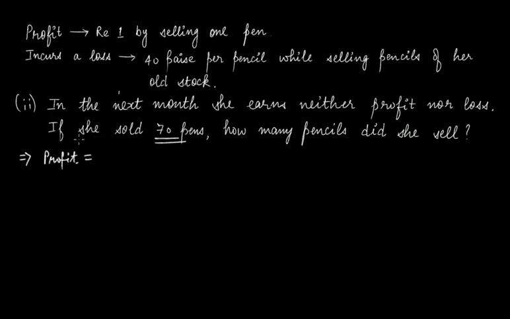So profit that you are making due to selling of 70 pens will be 70 times rupee 1. Rupee 1 can be written as paise, and that will be 100 paise.